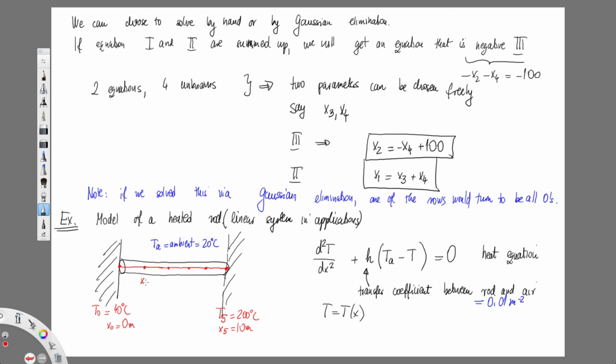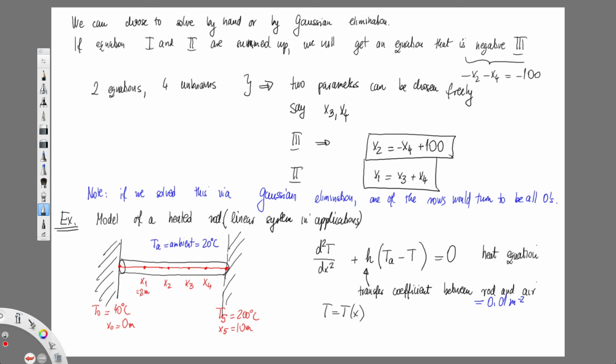So this is my x1, x2, x3, x4. If these are equally spaced, what is the actual distance between x0 and x1? 2. So it's 10 meters total divided by 5 segments, right?